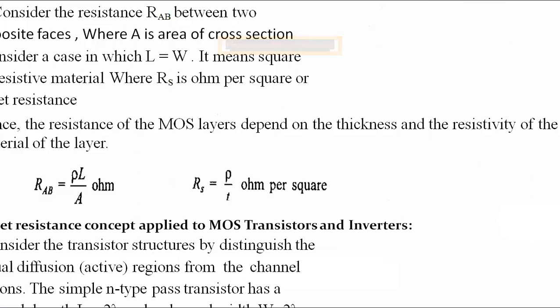Already we know that the formula is inversely proportional. If you increase this, it should decrease. If you decrease this, it increases. If the area decreases, resistance also increases. From 5 micrometer to 2 micrometer technology, in 5 micrometer the area is large, in 2 micrometer the area is small.